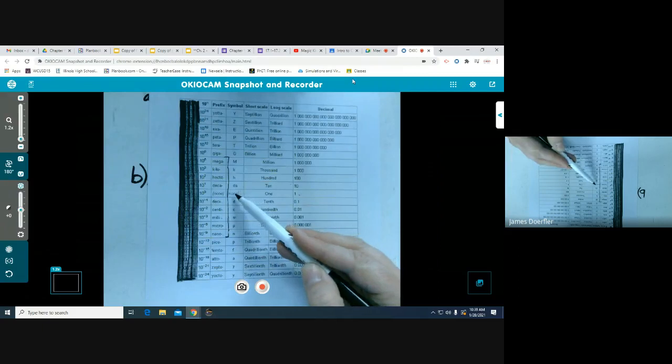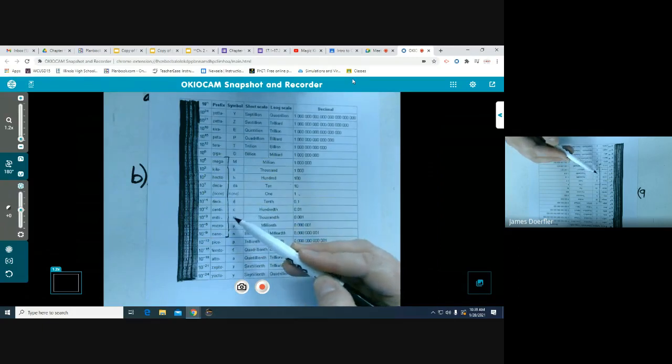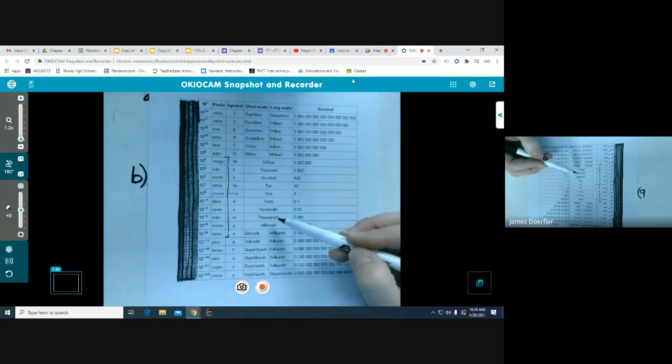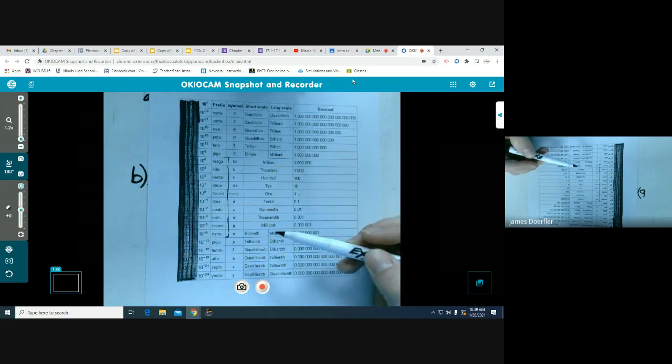So if seconds was right here, milli is down here. So how many milliseconds are in 1 second? You already answered the question, but in terms of our conversion factor, I think you have the right answer. How many milliseconds are in a second? 1,000 milliseconds in a second.